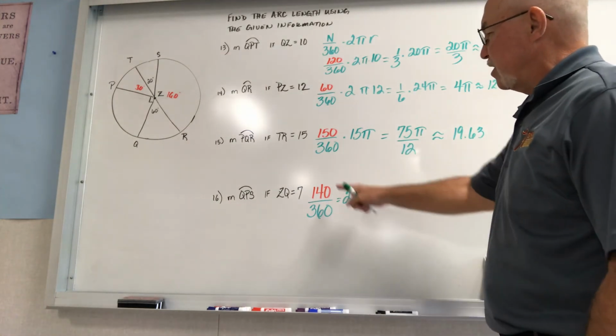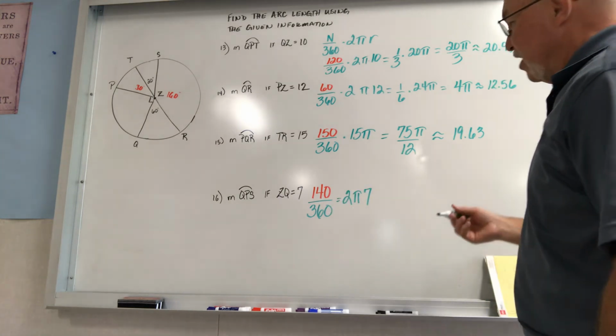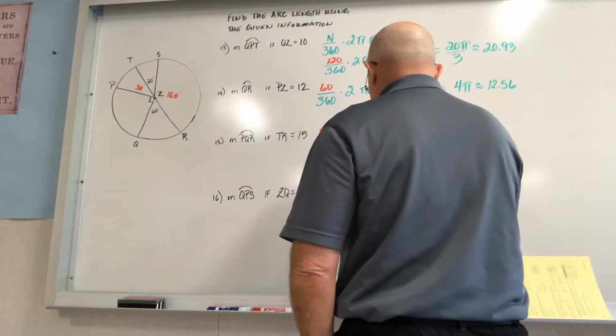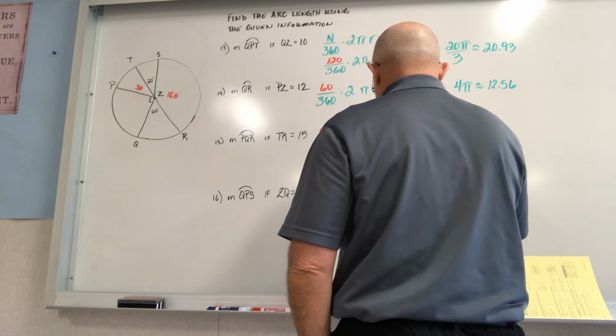If you want to put 20 into that, that's going to be 7 over 18 times 14 pi.